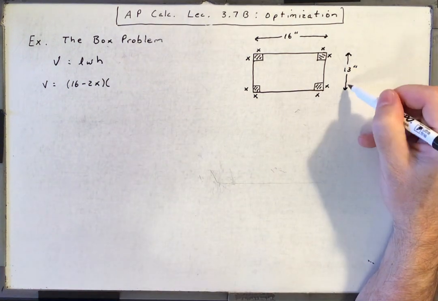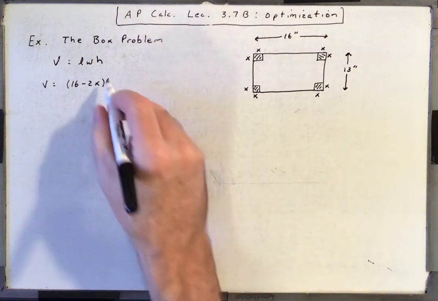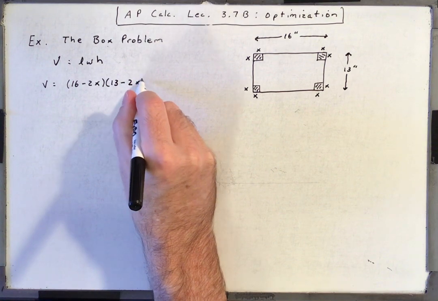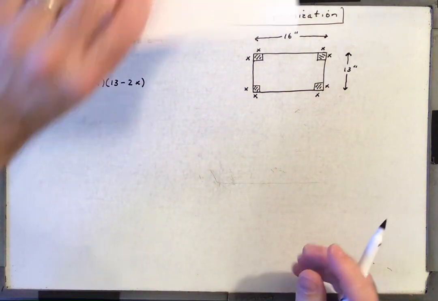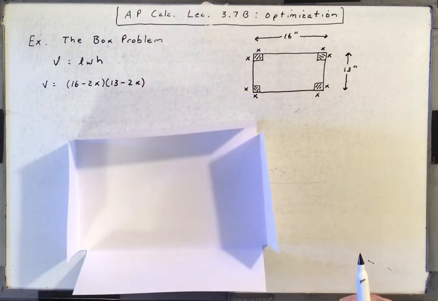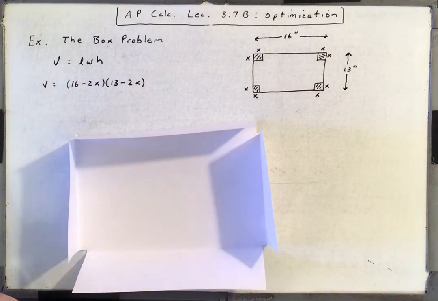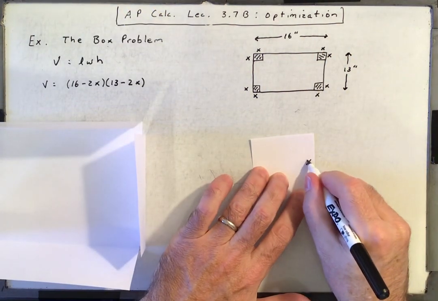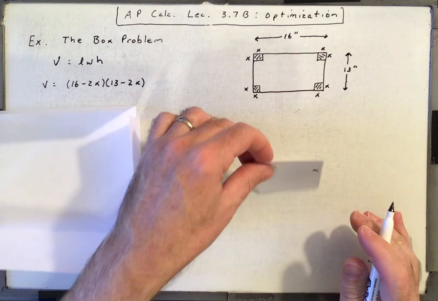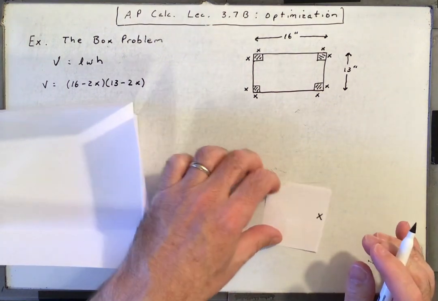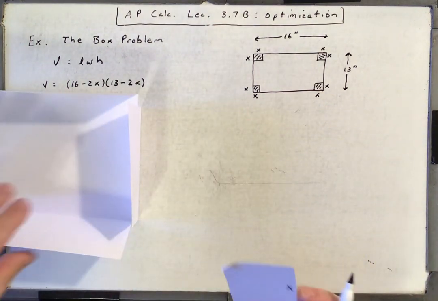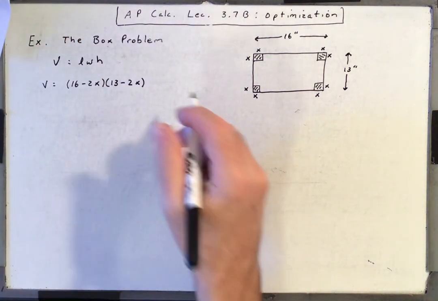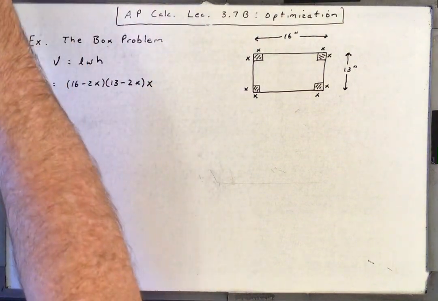And then this length here would be 13 minus 2x, or width. And then the height is just x, right? Because we snipped out the square, and each square has a side x. So when you fold it up like that, the height is x. So multiply all that by x.